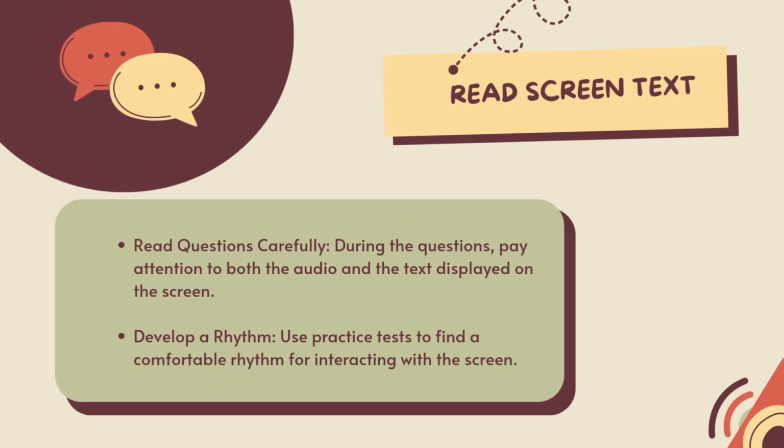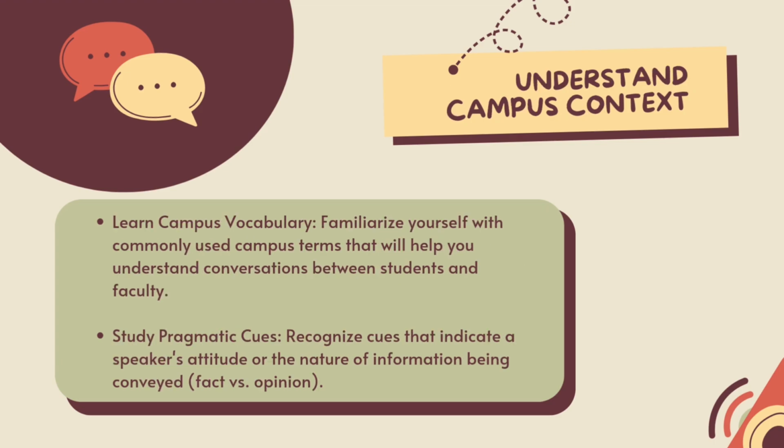Fourth, read screen text. Read questions carefully. During the questions, pay attention to both the audio and the text displayed on the screen. Develop a rhythm. Use practice tests to find a comfortable rhythm for interacting with the screen. Lastly, understand campus context.